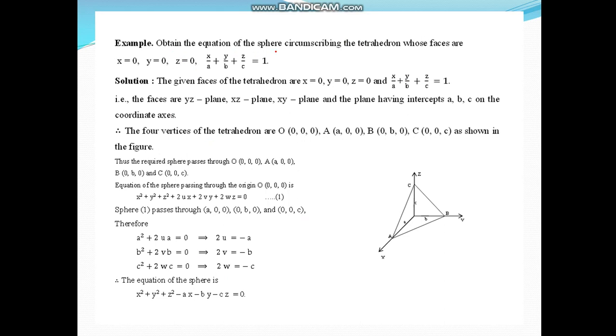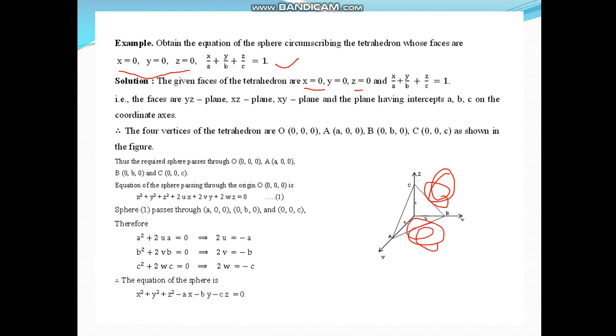obtain the equation of a sphere circumscribing the tetrahedron whose faces are given by these three planes and a fourth plane. So the given faces of tetrahedron are, number one is x equal to 0. The x equal to 0 you know very well, it is yz plane. Y equal to 0, it is xz plane.